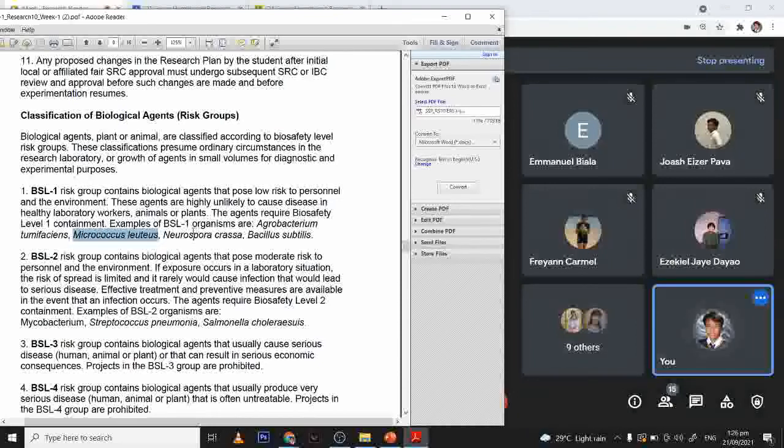Effective treatment and preventive measures are available in the event that an infection occurs. The agents require biosafety level 2 containment. Examples of BSL-2 organisms are Mycobacterium, Streptococcus pneumonia, Salmonella, Cholera suis.